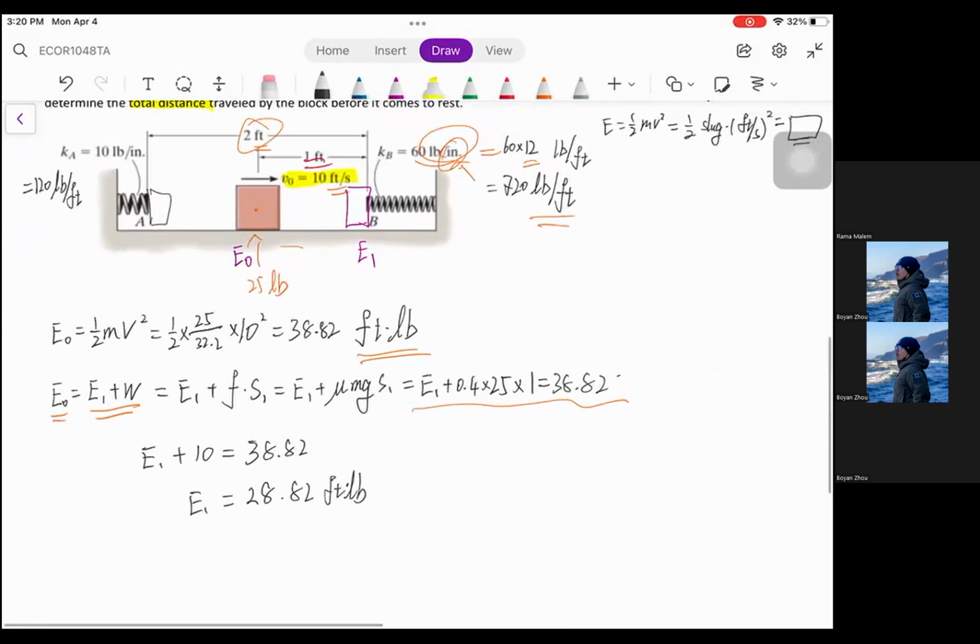That means when the block moved from the original location to where it just touches the spring, around 10 foot-pound of energy is lost, and there's only 28.82 left.